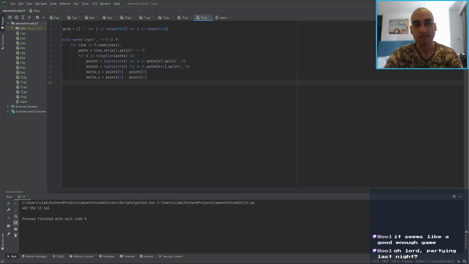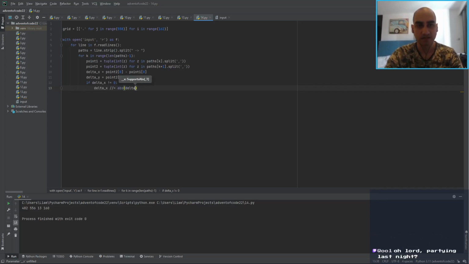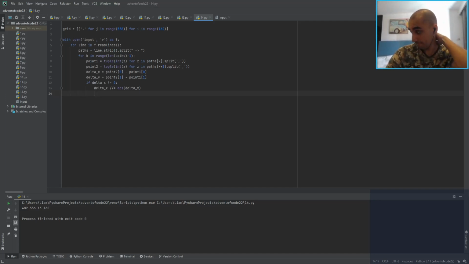So, okay, if delta x is not equal to 0, just divide it by itself, or divide it by the absolute value of itself. That should give us a sign, minus 1 or plus 1. I think I'm going a bit of a long-winded way of doing this.